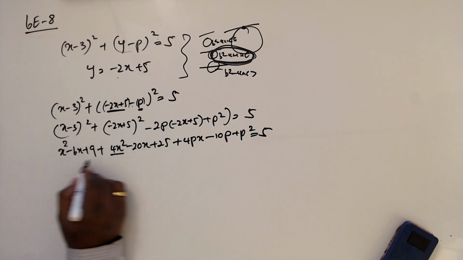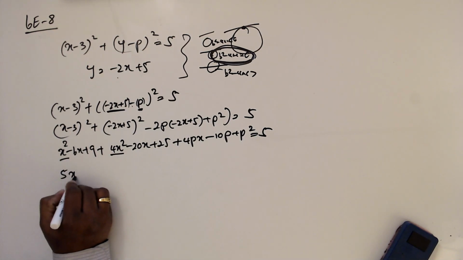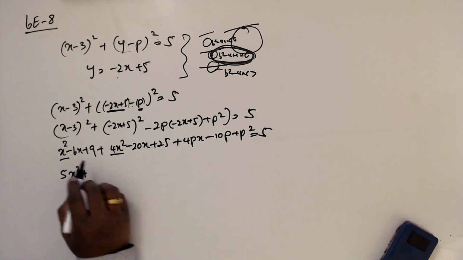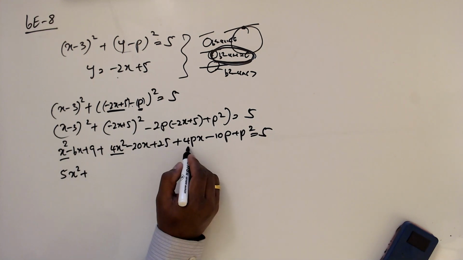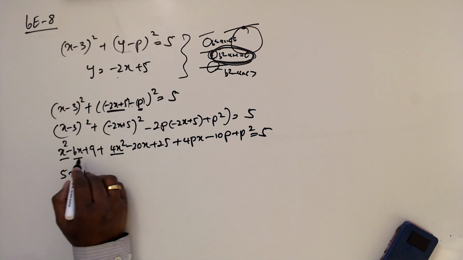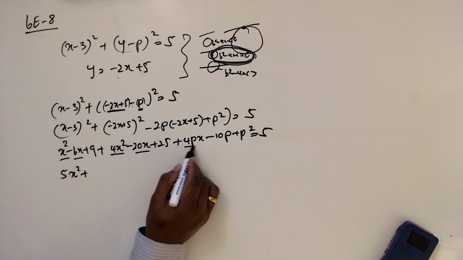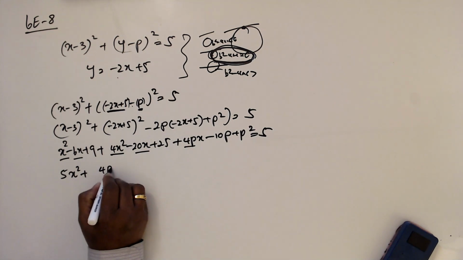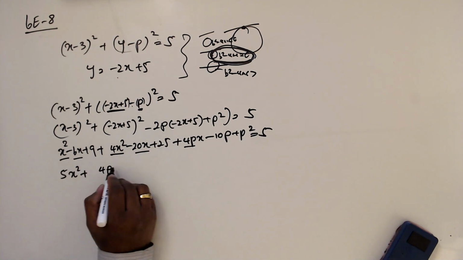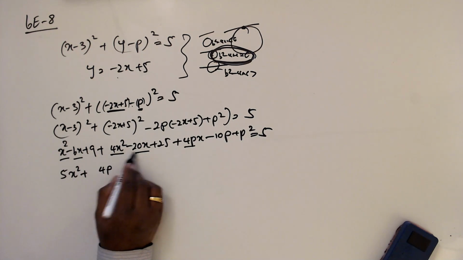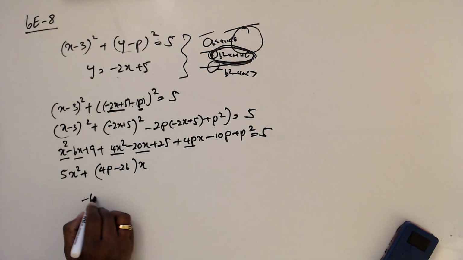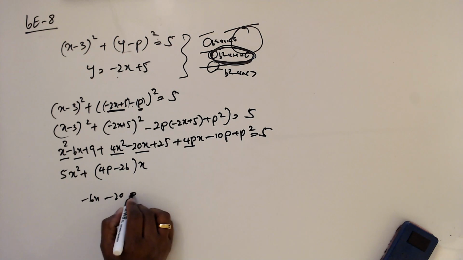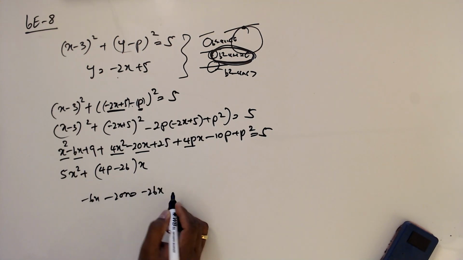Now 4x² plus x² is 5x². I can see x terms. There are three terms. I'll write 4p, and then minus 20 minus 6, minus 26x.